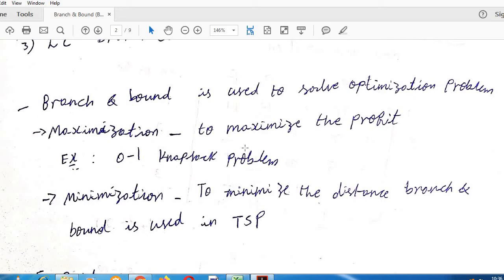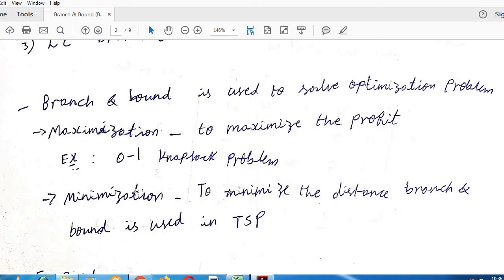Here we try to maximize the profit. In the 0-1 knapsack problem, you select the sequence of items to be inserted in the knapsack bag in such a way that you end up with higher profit. So the 0-1 knapsack problem is an example of a maximization problem.